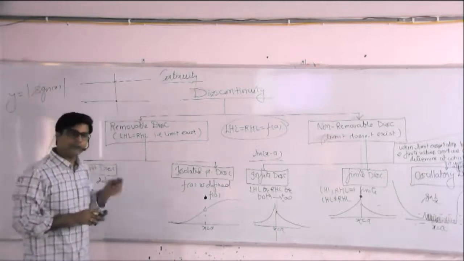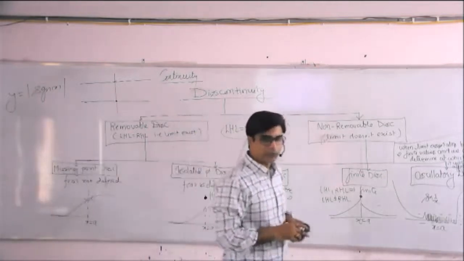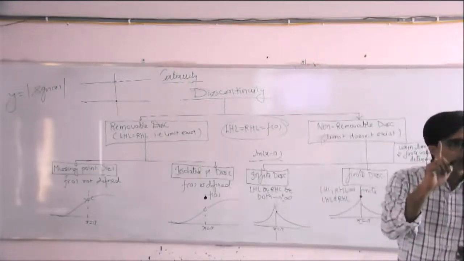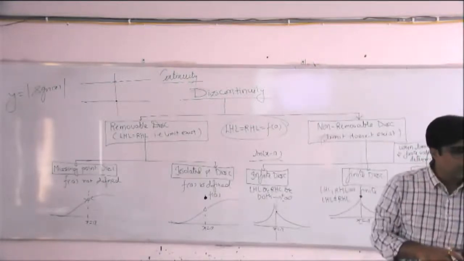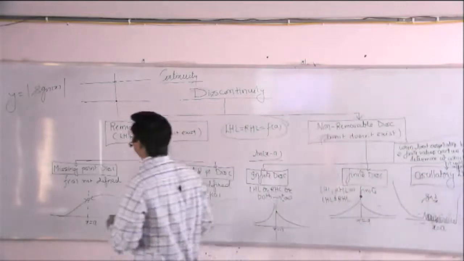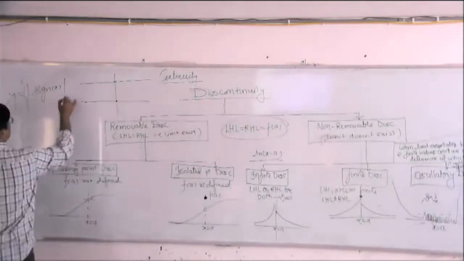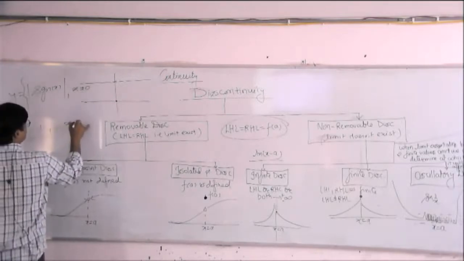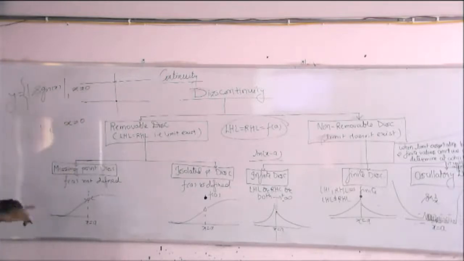Now, if I want to make this function continuous, then I have to worry about only one point or not. If I define, let's say, it is mod signum x when x is not equal to 0 and 1 when x is equal to 0, then my function becomes continuous or not.